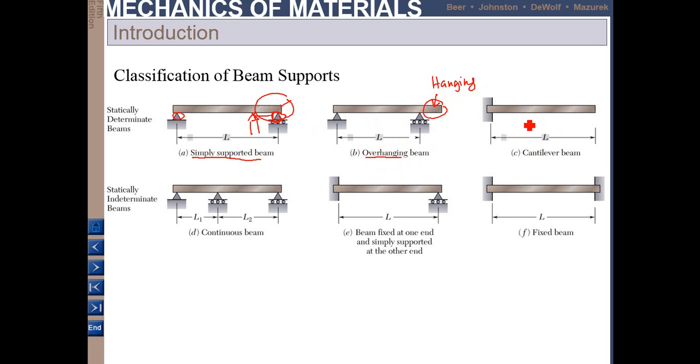If the beam is fixed at one end at a wall, and then this one is hanging, we call it a cantilever beam. This is a continuous beam, in which you put another support in the middle of the two end supports. A beam fixed at one end and simply supported at the other end is like this. This is a fixed beam, in which both ends of the beam are fixed.